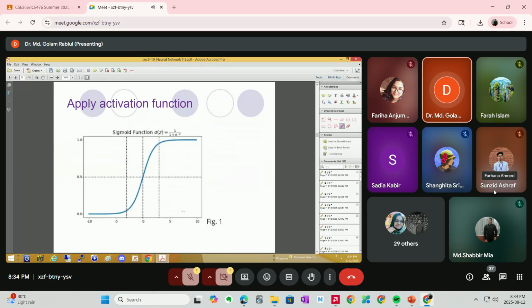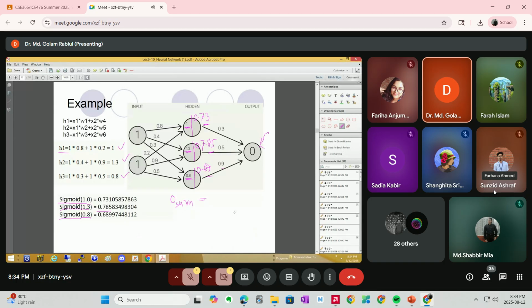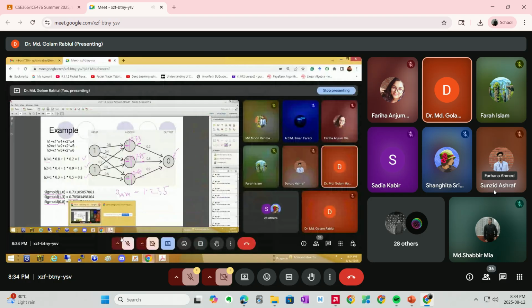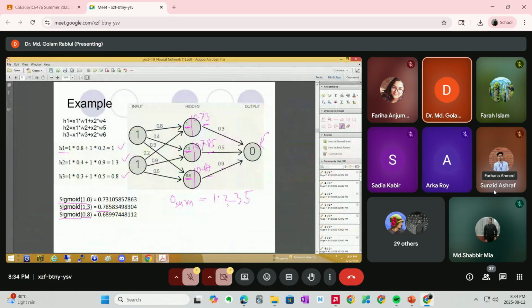We have calculated the output sum here, and the output sum is 1.235.